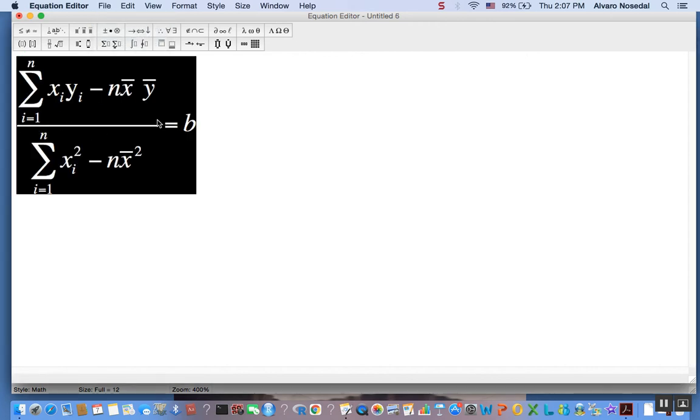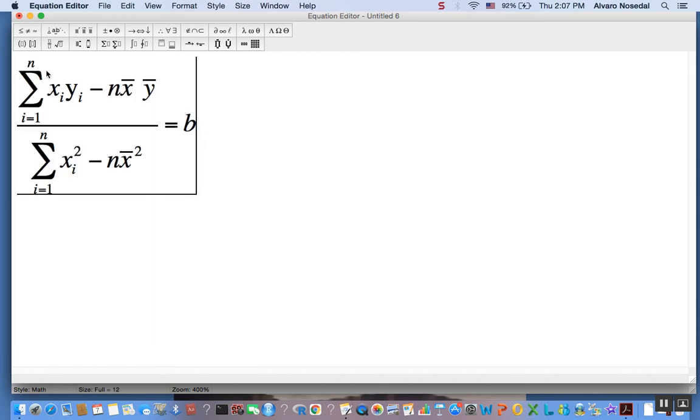So in your textbook, they refer to this as x bar, x times y bar, the whole thing bar.